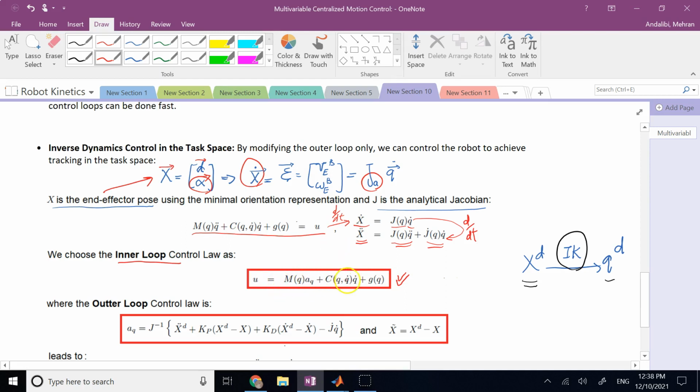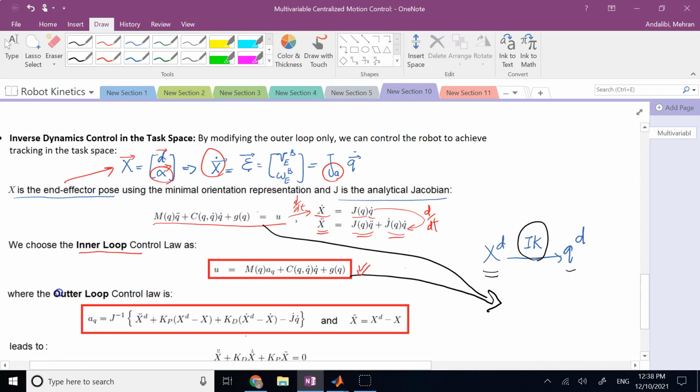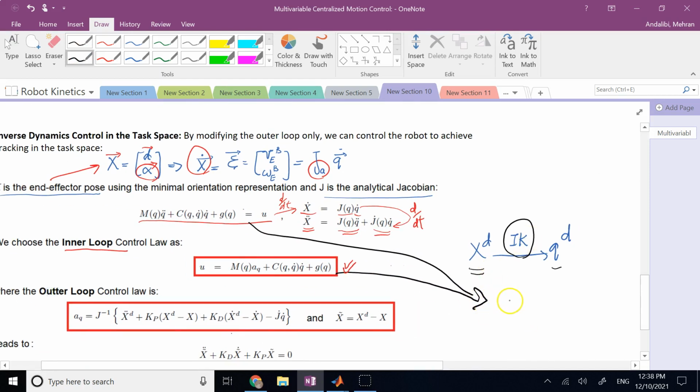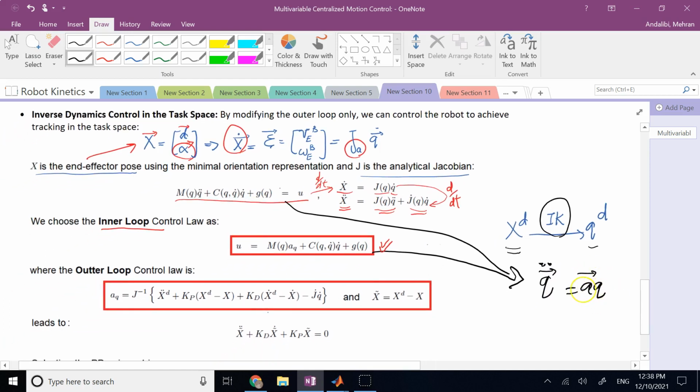I still choose u to be this, and when I combine these two together, as we did last time, I will still get q double dot equals a of q. The only difference here is a of q, which is the outer loop control. How do we form it?